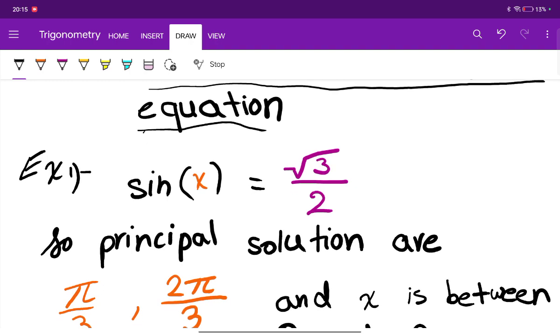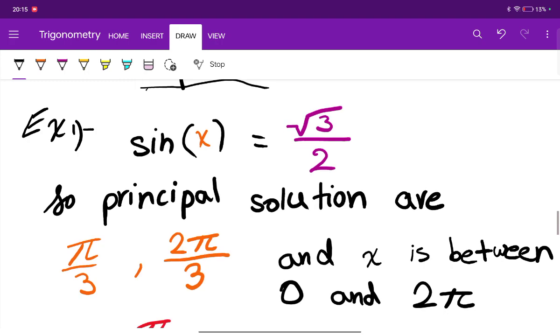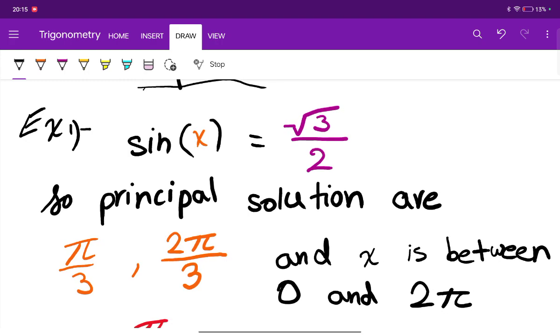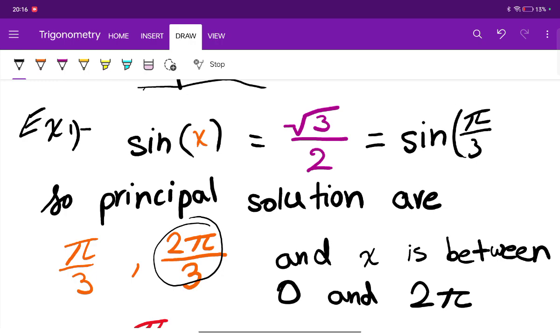Example: sin x is equal to √3/2. So the principal solutions are π/3 and 2π/3, because we know that this is equal to sin π/3, and we can also write it as sin(π − π/3).